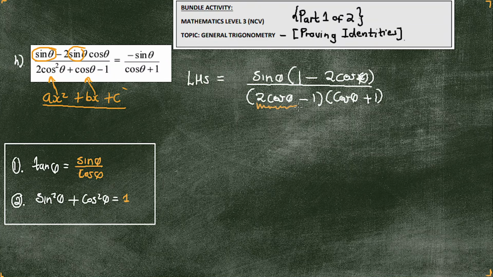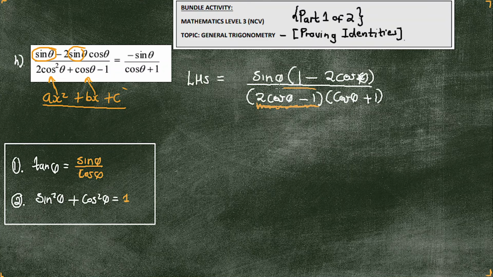I think on one of the questions I did highlight that if you're going to factorize a trinomial, one of the brackets that is a factor from that trinomial should be similar to what is above or below that trinomial. So I know that I should be having a 2 cos theta somewhere. They almost look the same, but the only difference here is the signs.